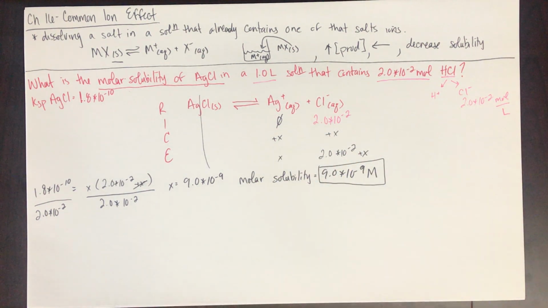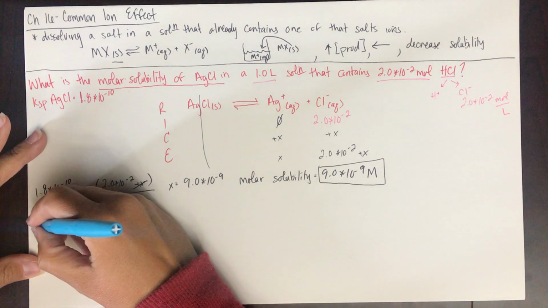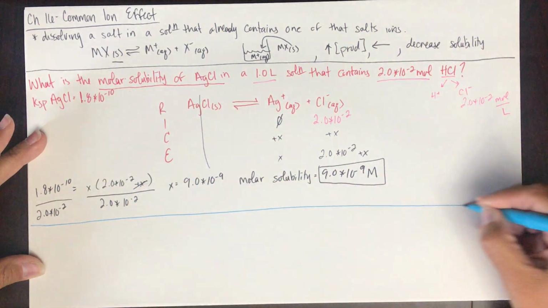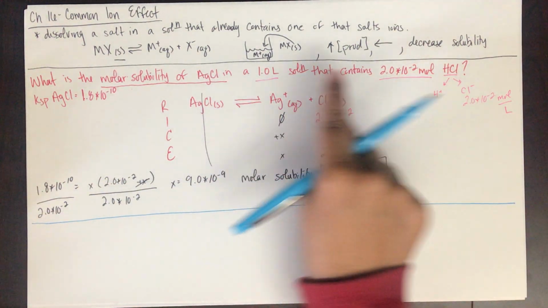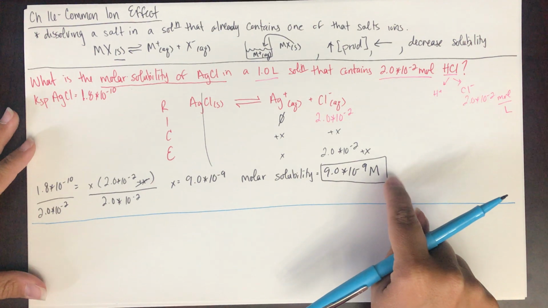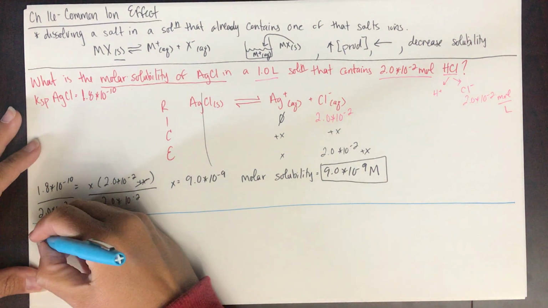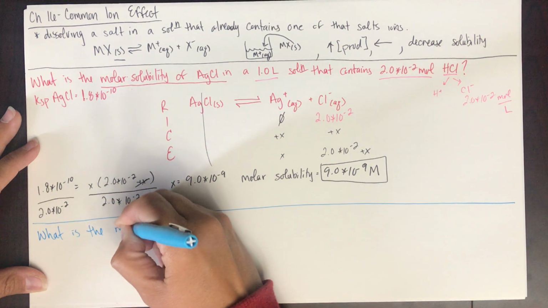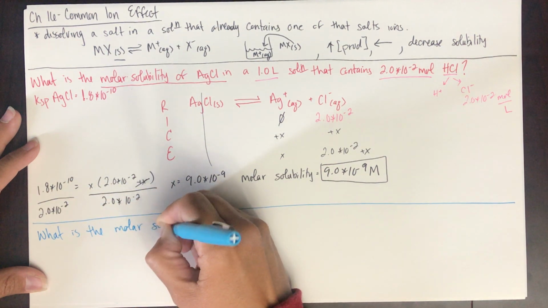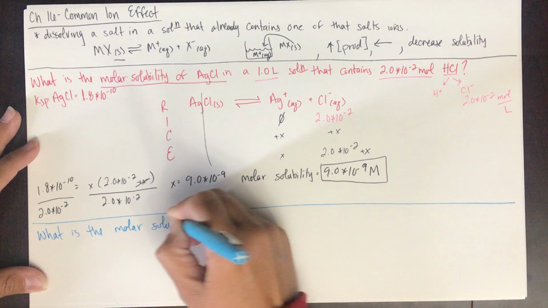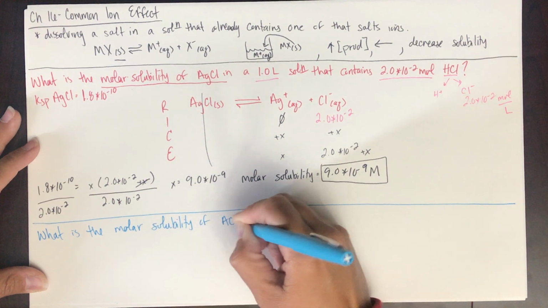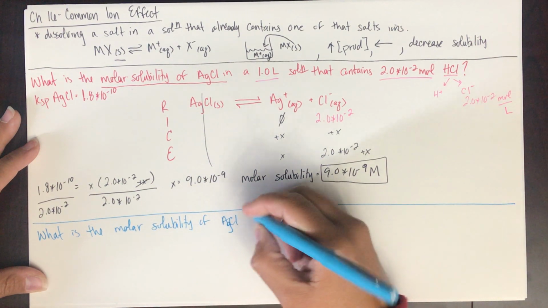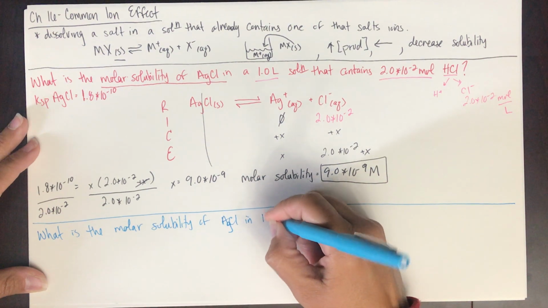So just to illustrate this point, let's see what is the molar solubility of silver 1 chloride in water and compare that molar solubility to this molar solubility. AgCl, and we'll just say in water.